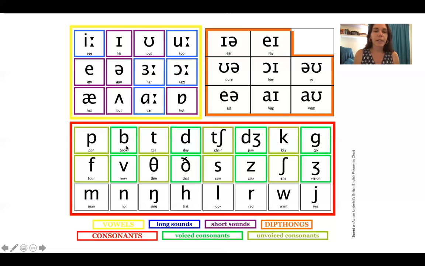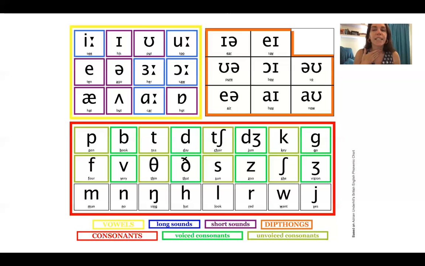The next one is B. Let's do the same thing again. You're still using your lips. It's exactly the same as P, except that you also use your voice. Feel your throat. B. You can feel it in your throat. B. Voiced. The next one is T. Put your hand on your throat.